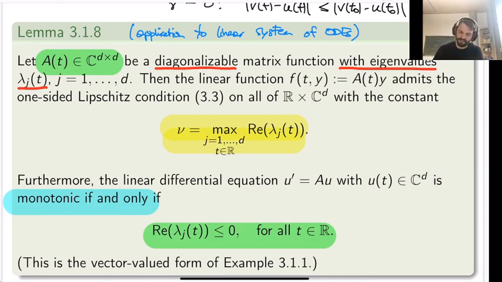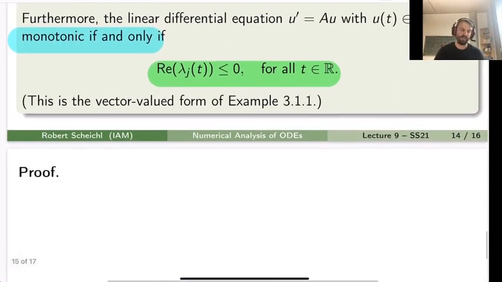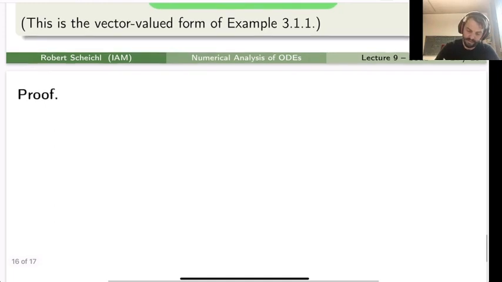So let's just prove this. The statement is, if we have a diagonalizable matrix valued function with eigenvalues lambda j, then the one-sided Lipschitz condition holds with nu being the maximum of the real parts of these eigenvalues lambda j at all times t.